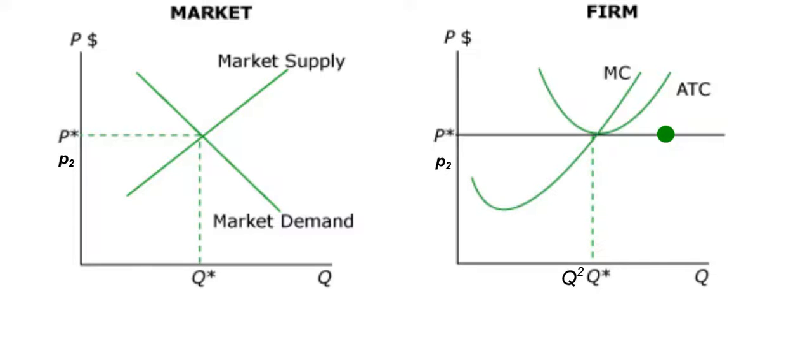So if the market is in long run equilibrium and the firm is making zero economic profit, then average total cost is going to equal marginal cost, and both of those are going to equal the price. So this is the point right here. This is how you want to draw this graph for this first part of the problem.